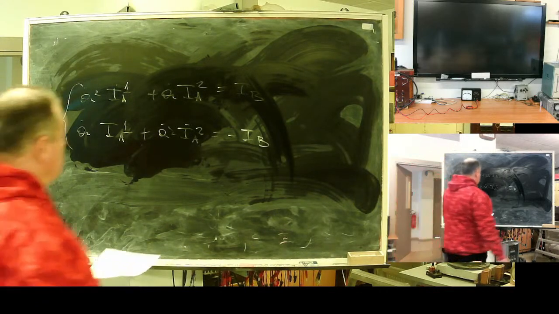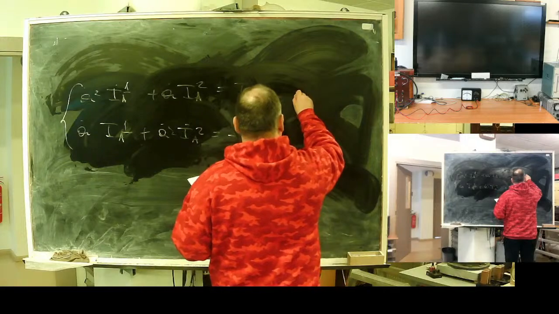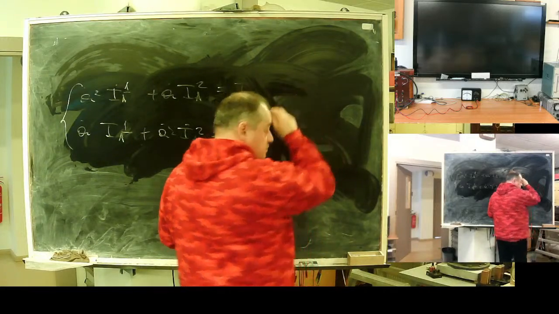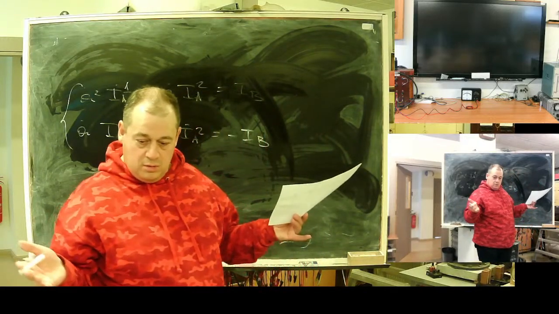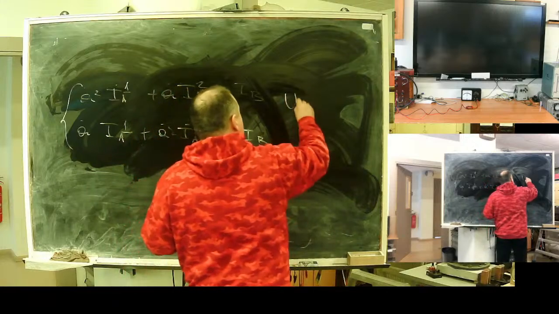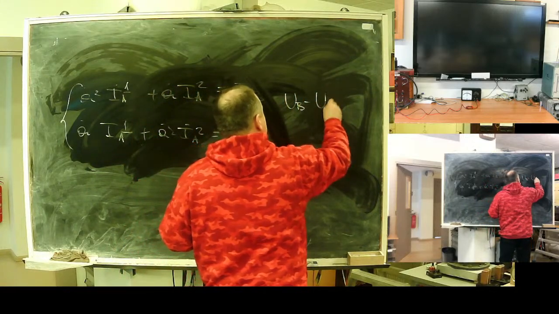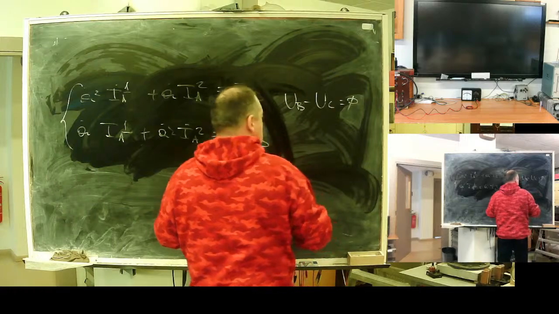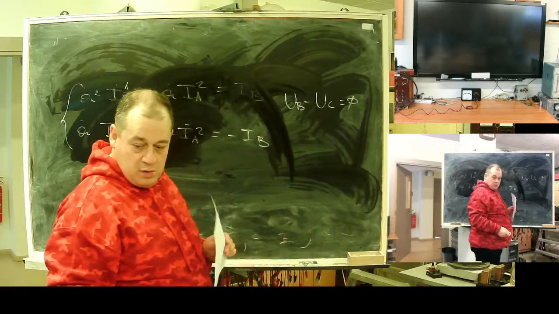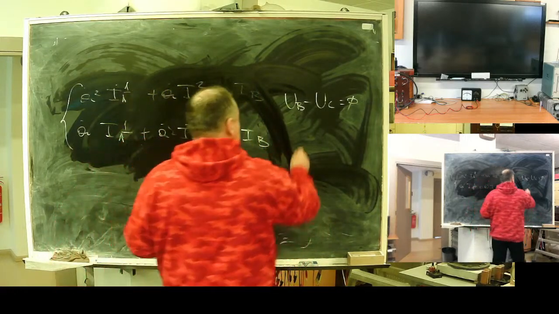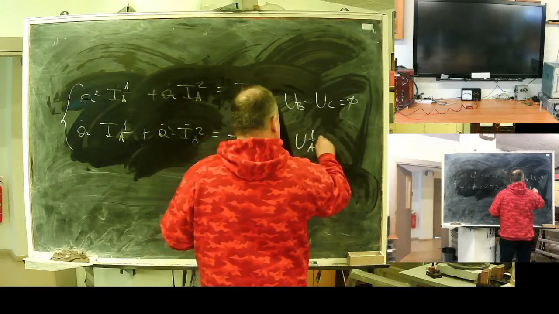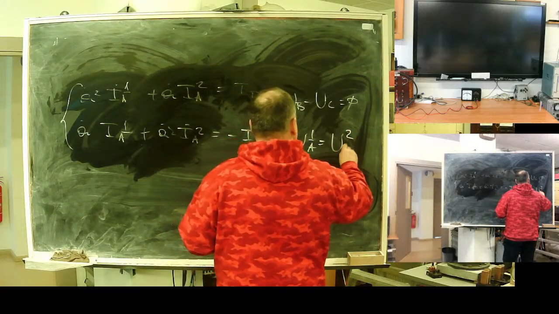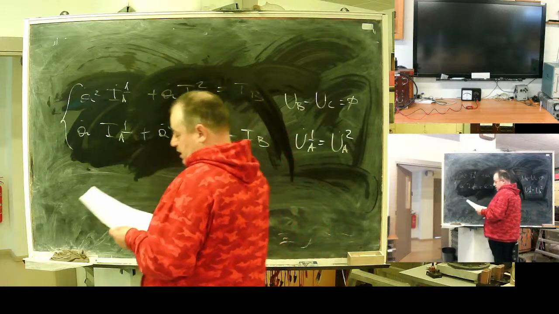So what does this mean? The B phase voltage minus the C phase voltage equals zero, meaning the direct sequence voltage equals the negative sequence voltage.